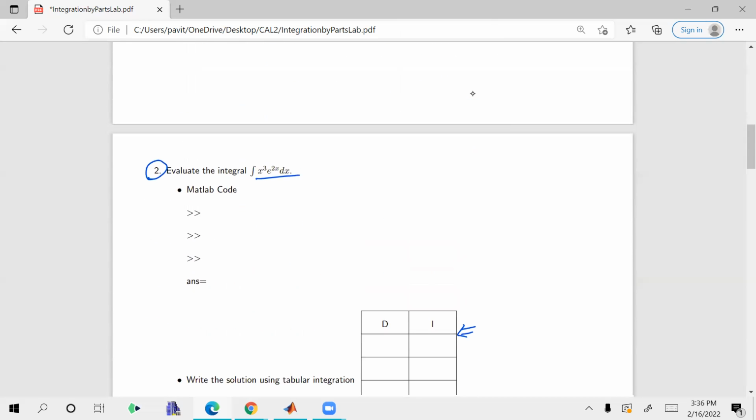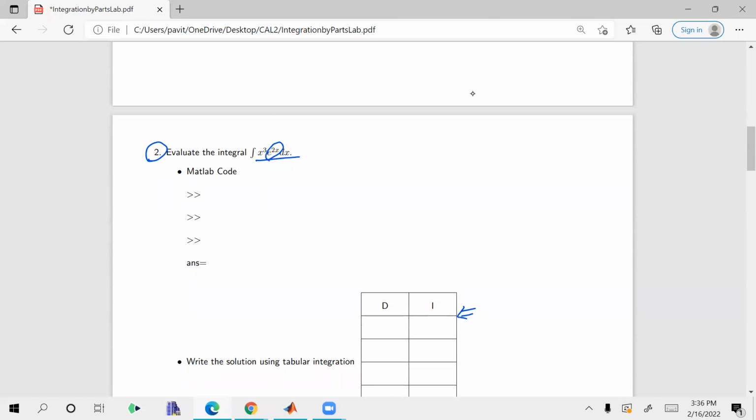But the problem is you have e to the power of 2x. Remember, when you integrate e to the power of 2x, you get e to the power of 2x by 2. When you still go on integrating it, you will get by 4, by 8, right? It goes on.